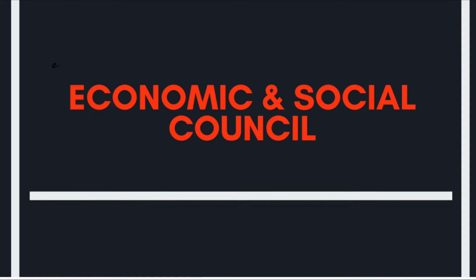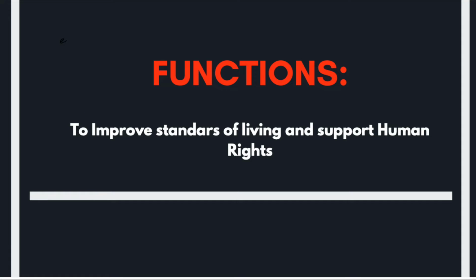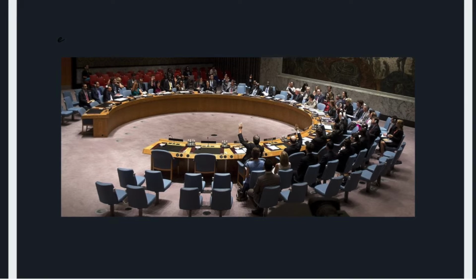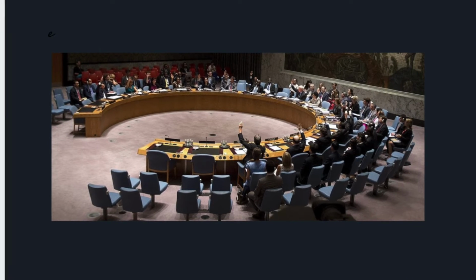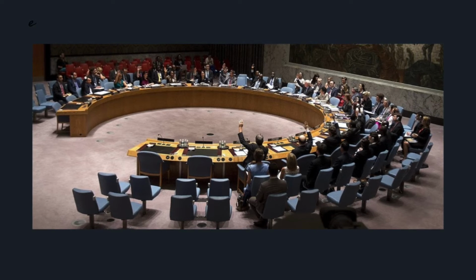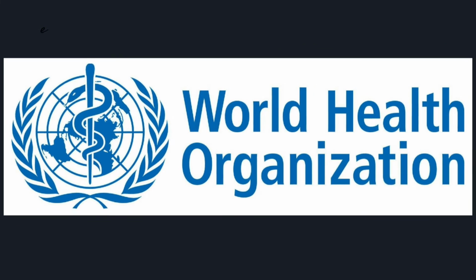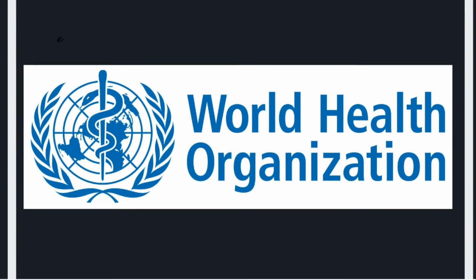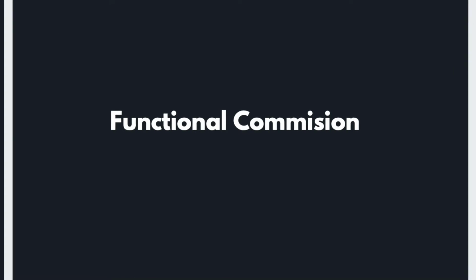One of the most important parts of the UN is the Economic and Social Council, which works to improve standards of living and support human rights. Most of what the UN actually does is centered around helping developing countries. The Council works with specialized agencies like the World Health Organization and the High Commissioner for Refugees. Inside the Economic and Social Council, there are functional commissions.